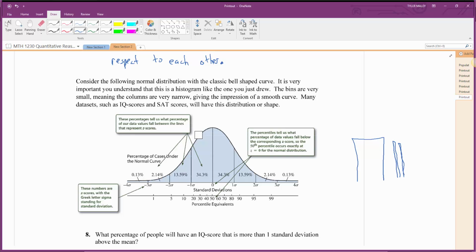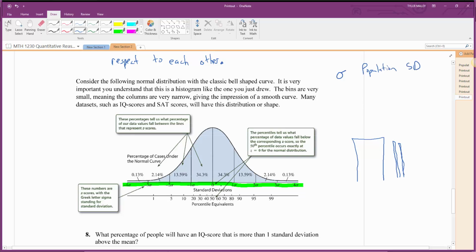And also IQ scores. So in this table, what you want to pay attention to is this axis. These are the Z-scores, right? If you remember, this symbol, theta, is used for the population standard deviation.